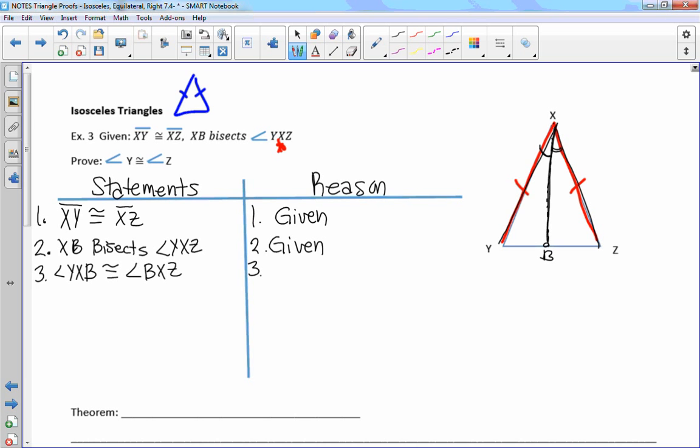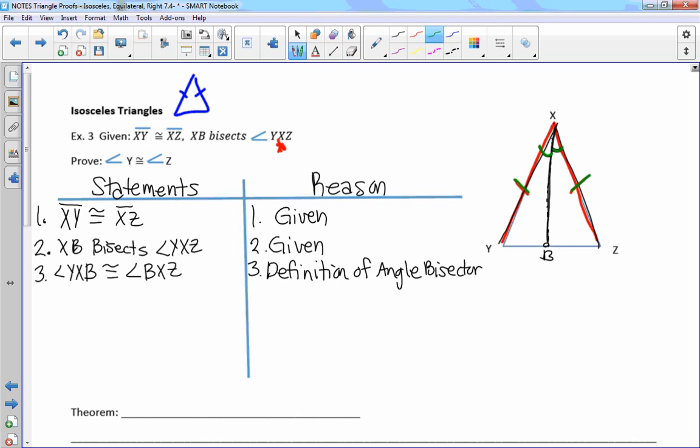And that was just by the definition of an angle bisector. Interesting. So now we have two little triangles with one congruent side and one congruent angle. We have a side and an angle. That's starting to sound like an S and an A.